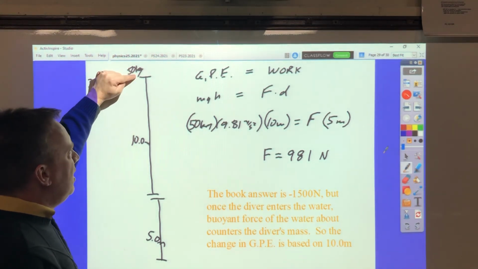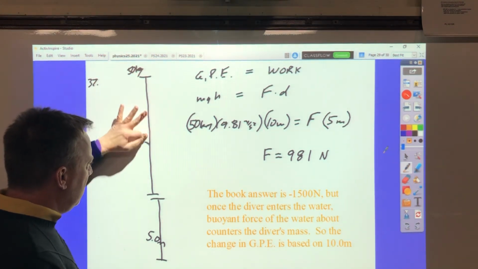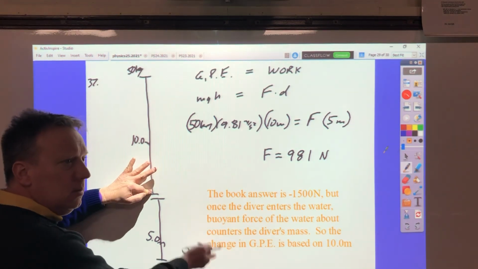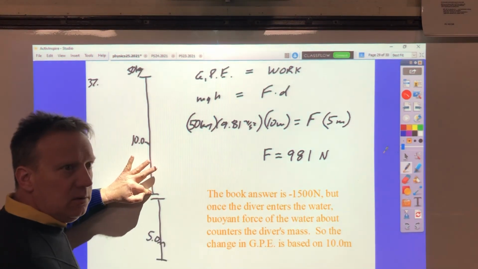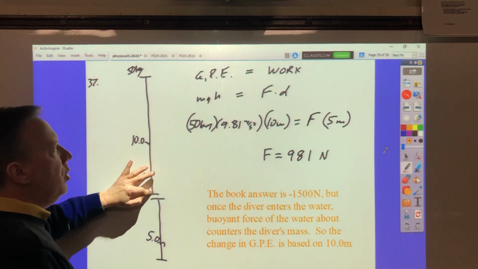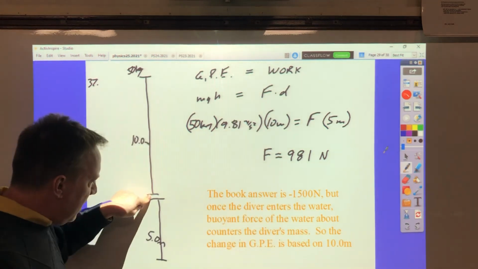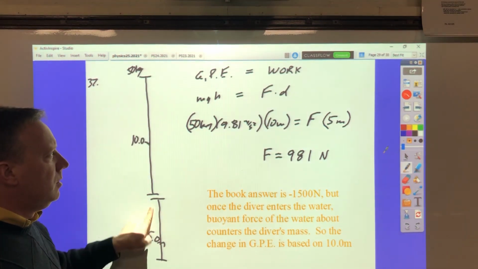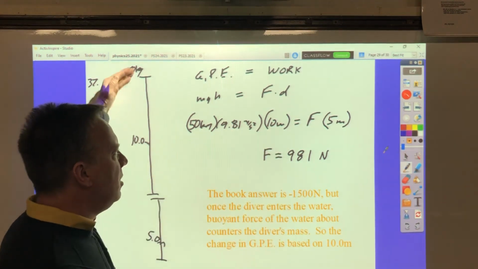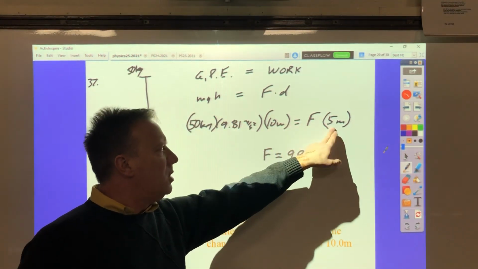So your gravitational potential energy is calculated from here to here, because once you get in the water, you're neutrally buoyant. Roughly. It depends on your density. And then the work that's done is just from here to here to stop you. So it's as simple as 50 times 9.81 times 10 meters equals the force times 5 meters.